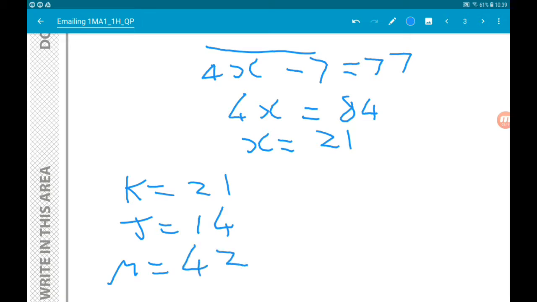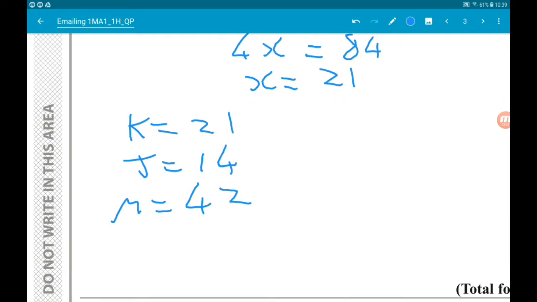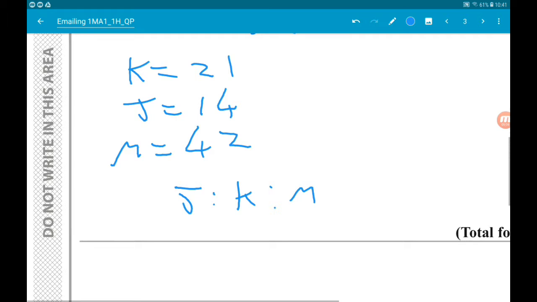So they then want the ratio of Jay to Kira to Martha. So J to K to M is 14 to 21 to 42.